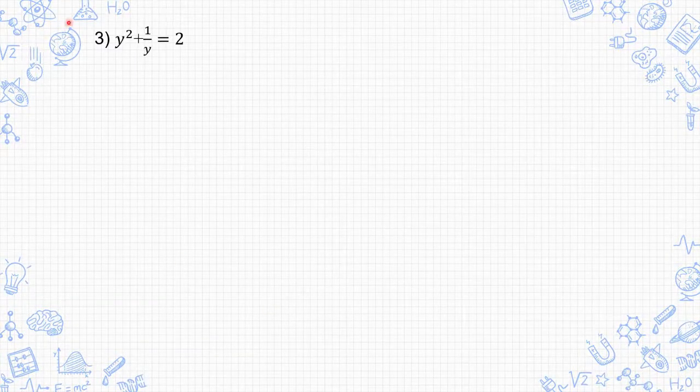Okay, if you look at this, y squared plus 1 upon y equal to 2. Now we'll just try rearranging this. So we'll take the LCM. After taking the LCM, you will get (y cubed plus 1) upon y is equal to 2.